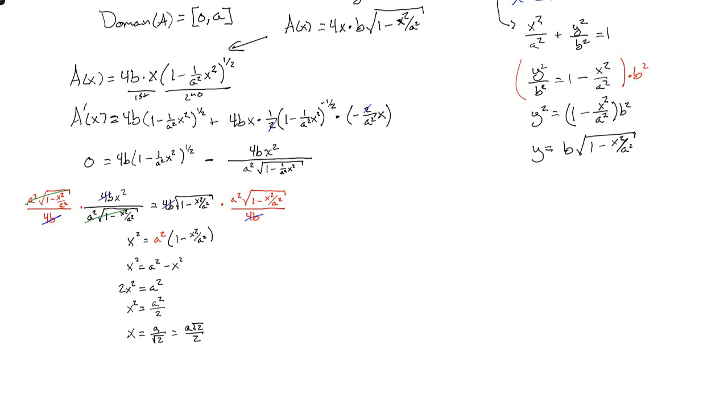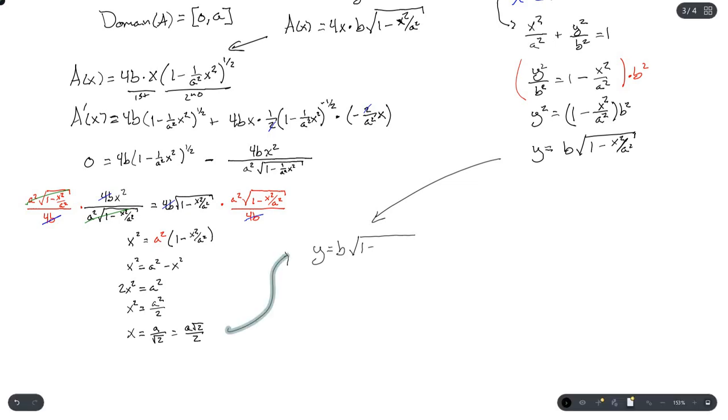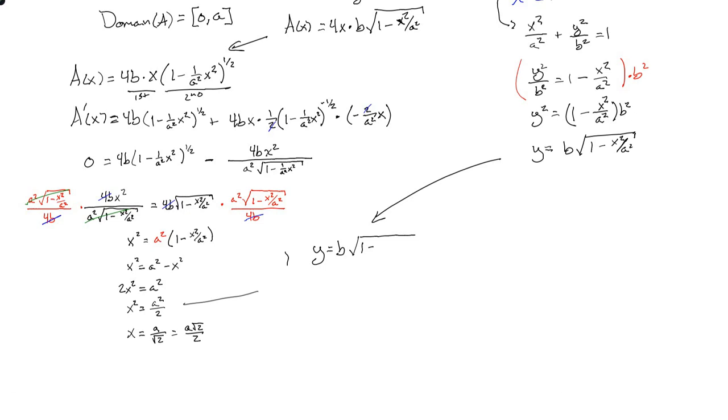So if this is x, then I'm going to plug it in for y. So y equals b square root of 1 minus x squared over a squared. So I'm going to use the x squared actually right here.